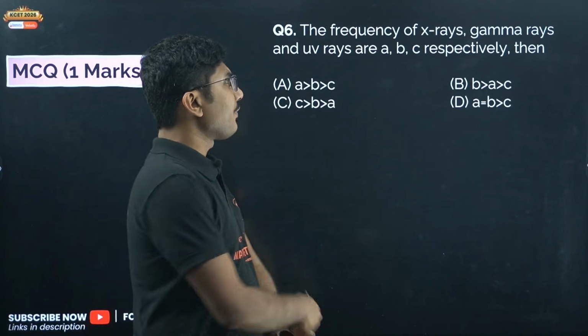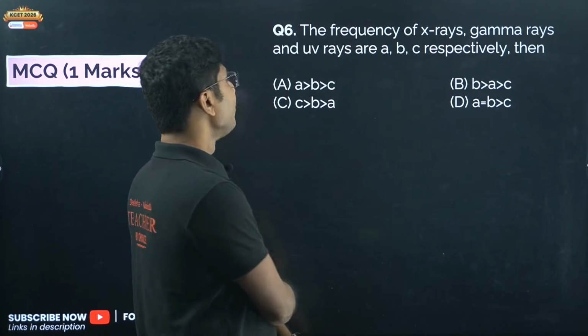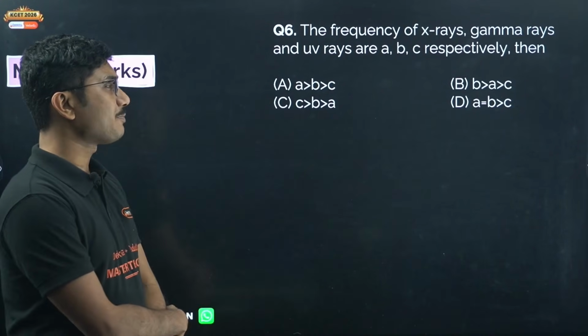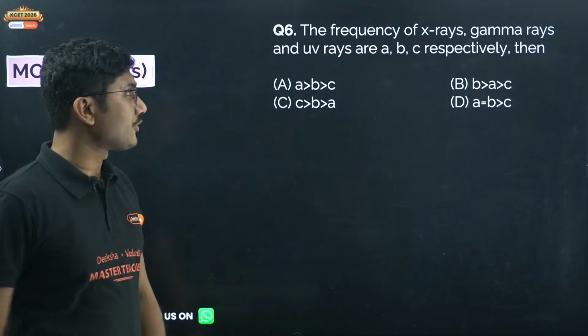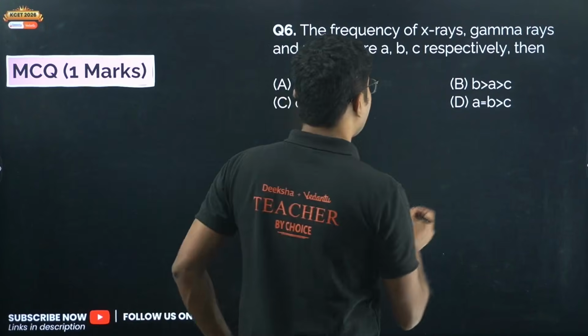The frequencies of X-rays, gamma rays and UV rays are A, B and C respectively. Then what is the relation? So you have to remember the order.